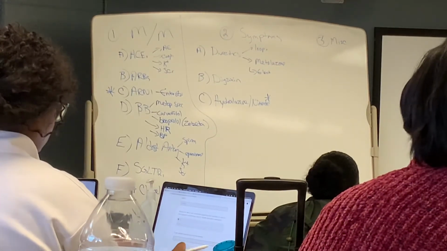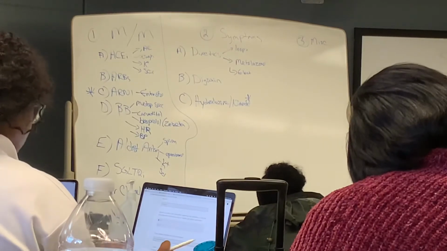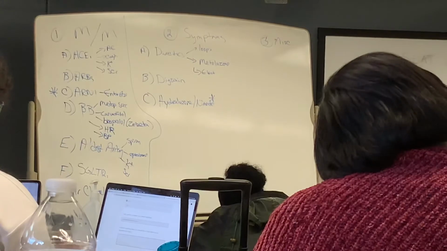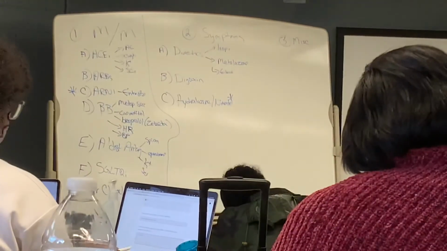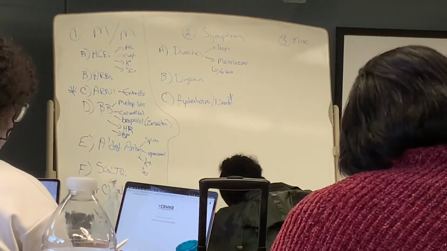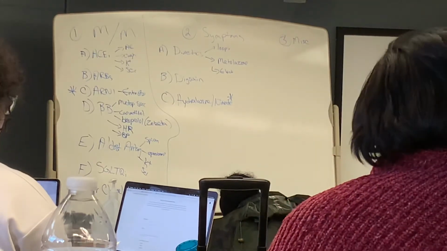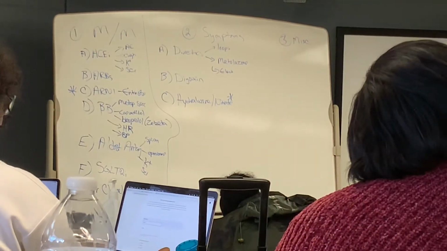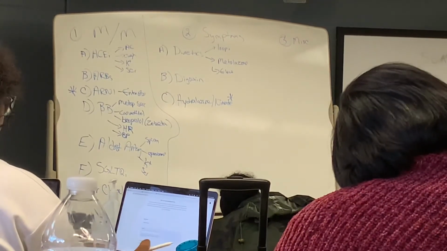But BiDil, okay, it is hydralazine and isosorbide dinitrate that has proven mortality benefit in African Americans. It's one of the only drugs that actually has an FDA indication for a specific race. So, when we're looking at hydralazine and nitrates, for the general population, we're just looking at symptomatic benefit.